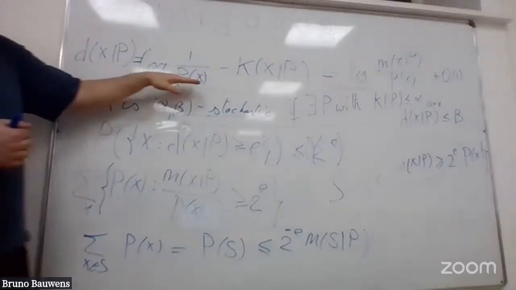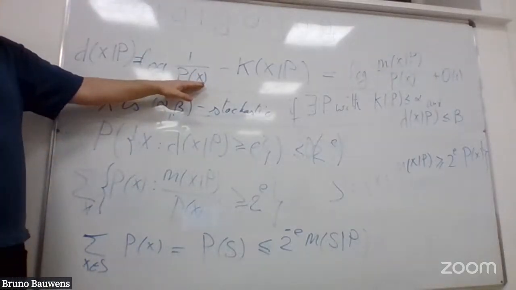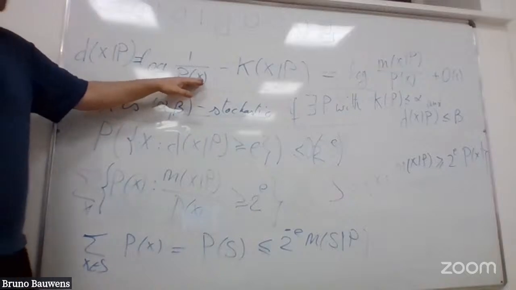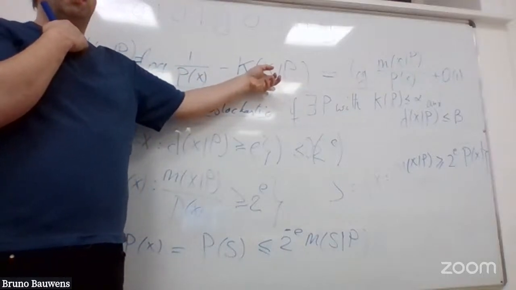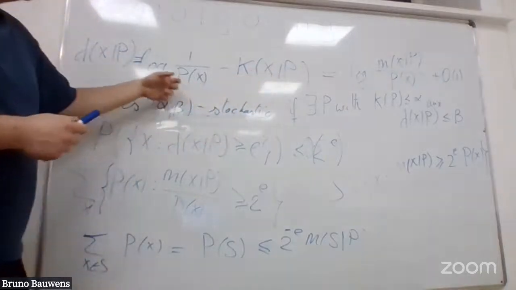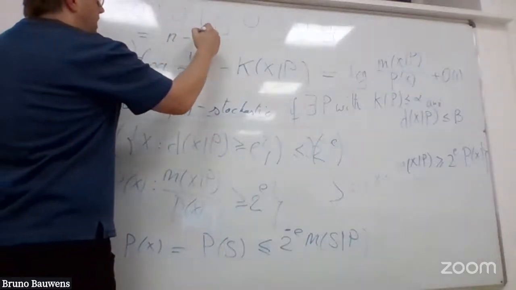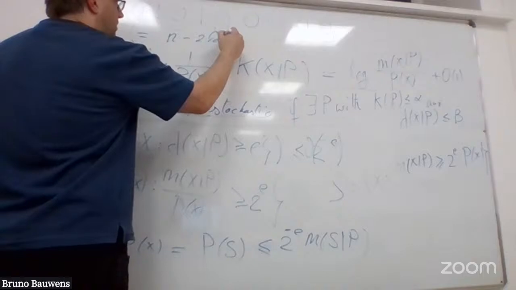So in our model, we have 2n zeros, and the string has probability 2 to the power minus n. But the complexity of x given p, or just the complexity of x, is log n. Okay, a little bit less. So in this example we have n minus, say, 2 log n.